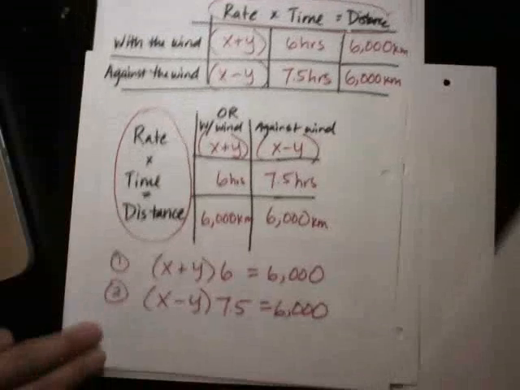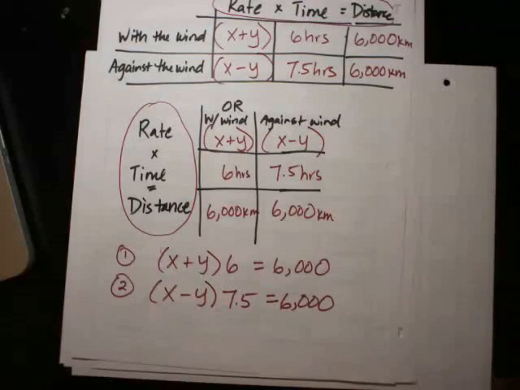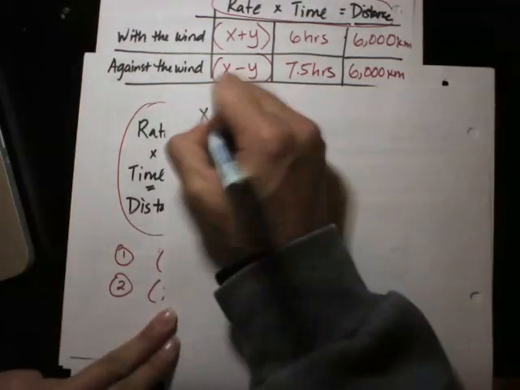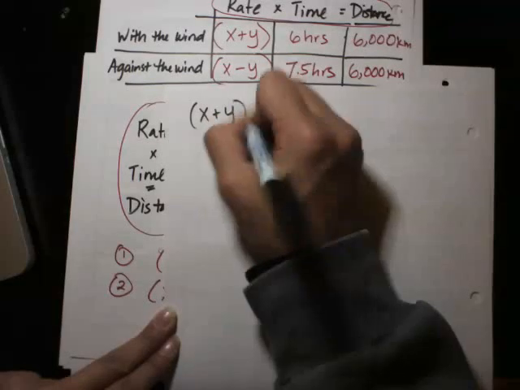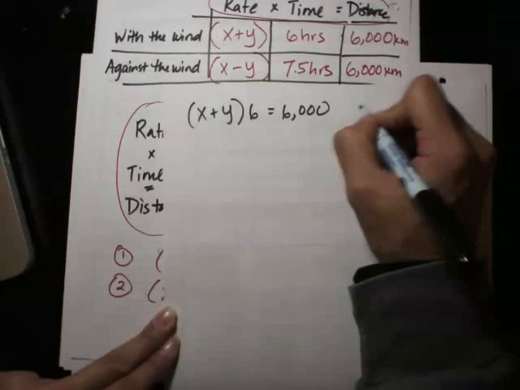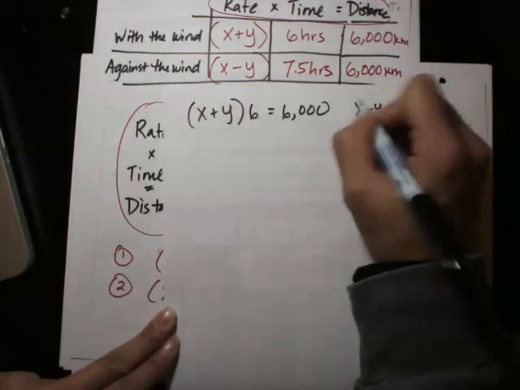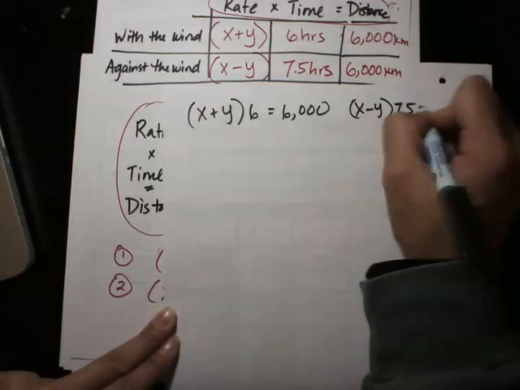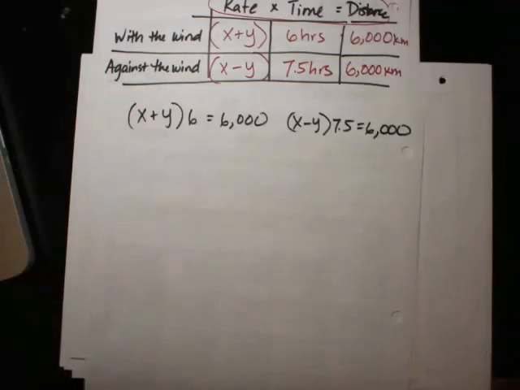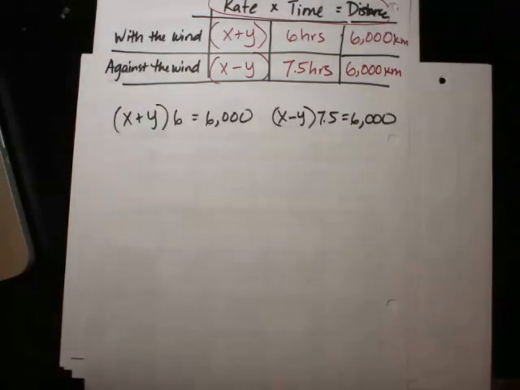I'll show you also a little trick to make these numbers a lot more manageable. I don't know if you've done this before, but let's rewrite the equations first. So you have x plus y times 6 equals 6,000, and you have x minus y times 7.5 equal to 6,000. So you have these two equations here. I'm going to show you this really quick trick.